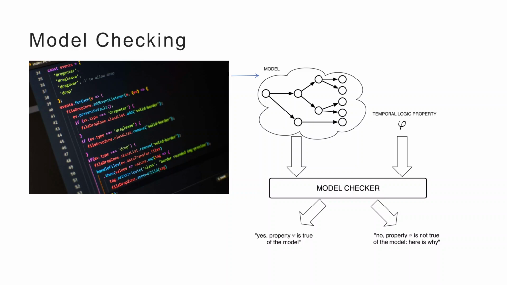So more formally, we can call these properties specifications. For example, it can ensure that the program is free of memory leakage and array out of bounds errors and so on.